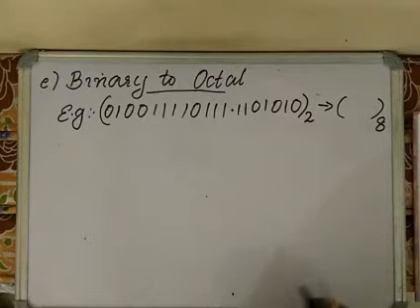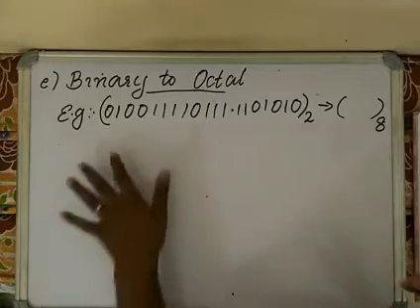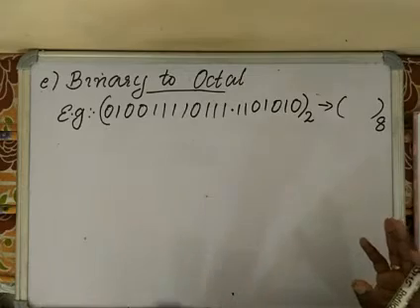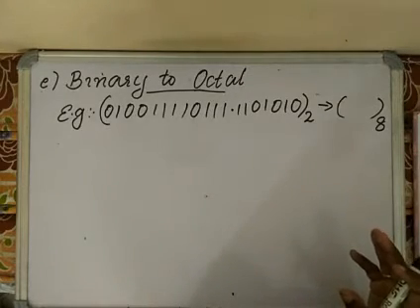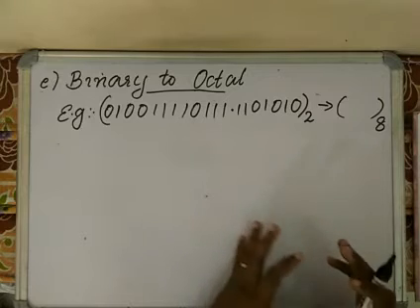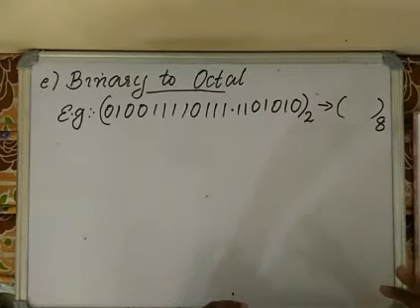The fifth conversion is binary to octal number. The procedure is we have to partition the binary number into groups of 3. Why we are considering groups of 3: the highest octal number is 7, which needs only 3 bits to represent it.